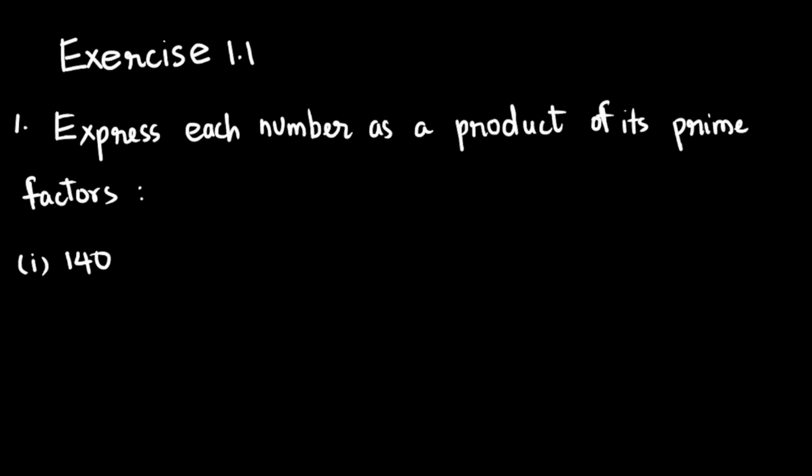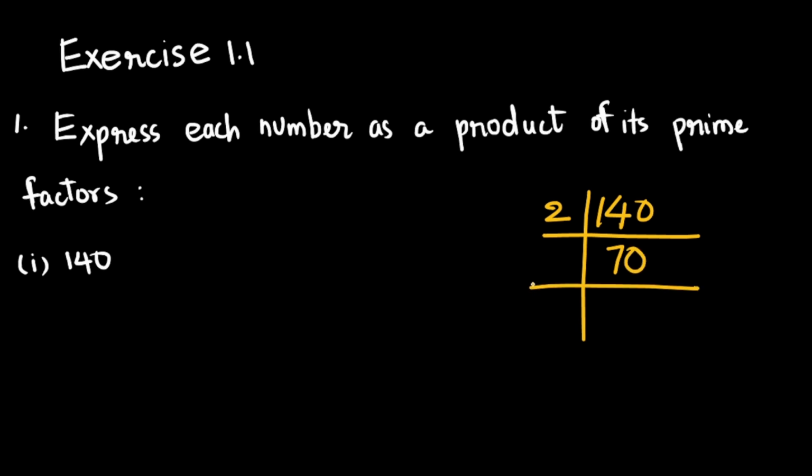You have to do the prime factorization, then express it in terms of prime numbers. So for that, here you have the first number as 140. I've written 140 over here. First we'll do the prime factorization with 2. You have 2 over here. 2 sevens are 14, so we'll have 7. Then 0. Again, 2 threes are 6.